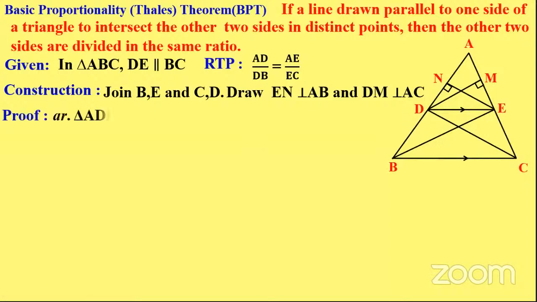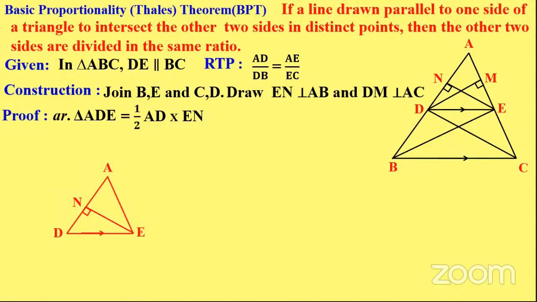Area of triangle ADE. Now I'm taking AD as the base, and its corresponding altitude is EN. Whenever I take AD as the base, its corresponding altitude, height, is EN.